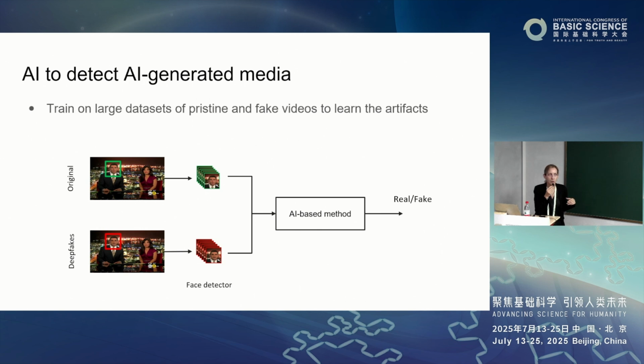Deepfake videos started around 2018, and there were a lot of algorithms in that period that let you modify a face. So we started to work on such manipulations, and we said, let's train a convolutional neural network to distinguish pristine and fake videos in order to learn artifacts.